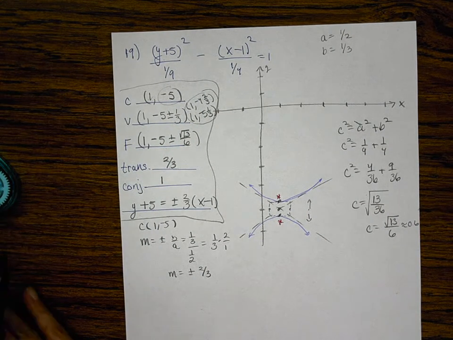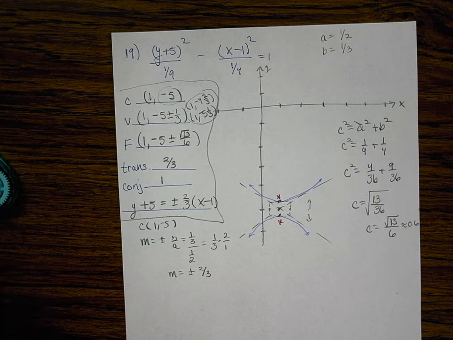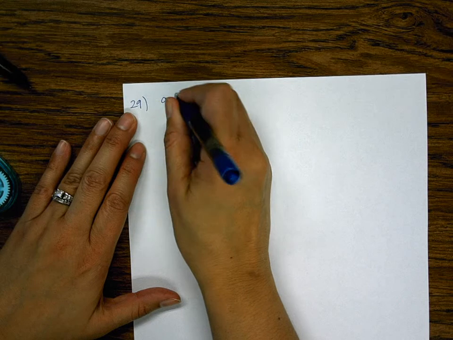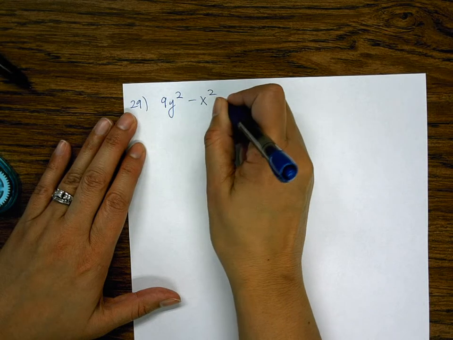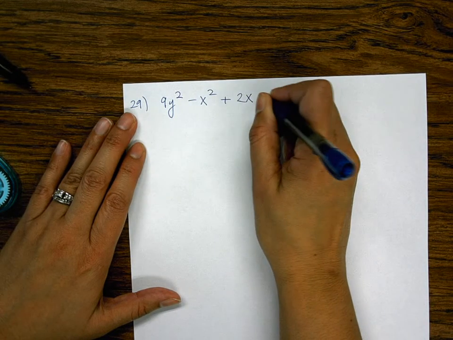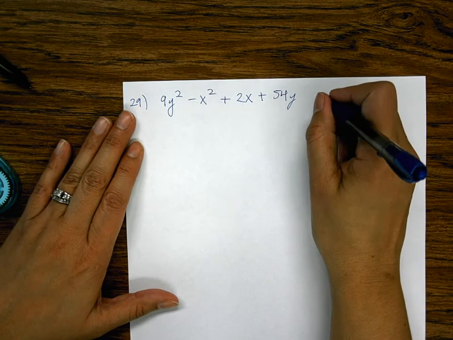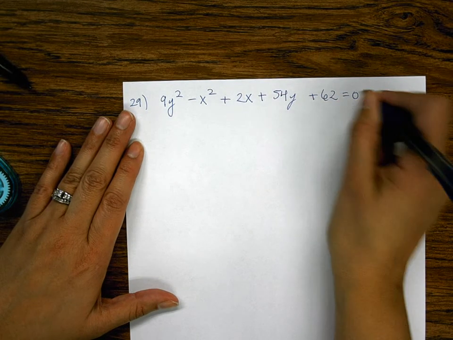And the next problem I'm going to do is number 29. Okay, 9y squared minus x squared plus 2x plus 54y plus 62 equals 0.